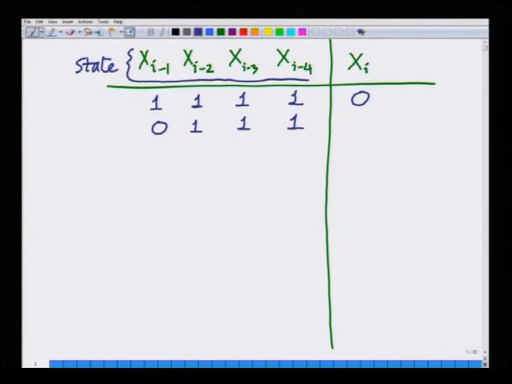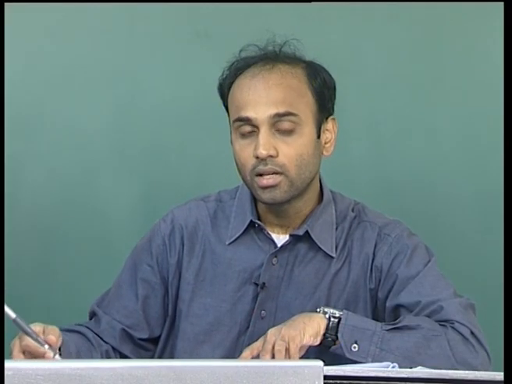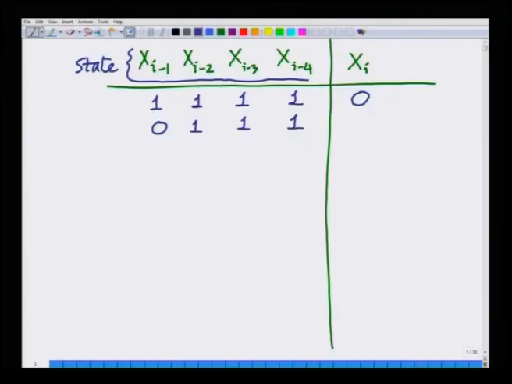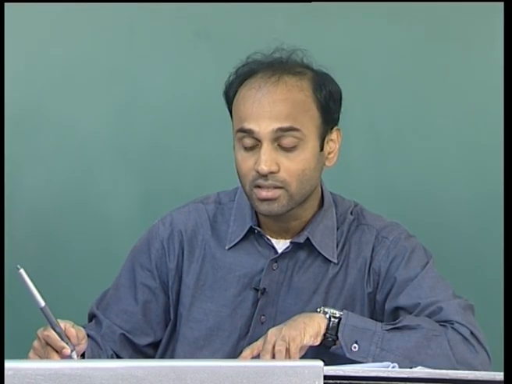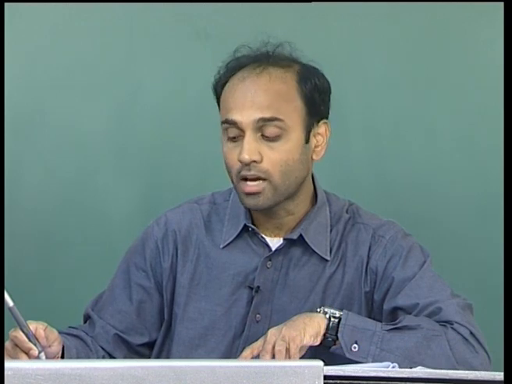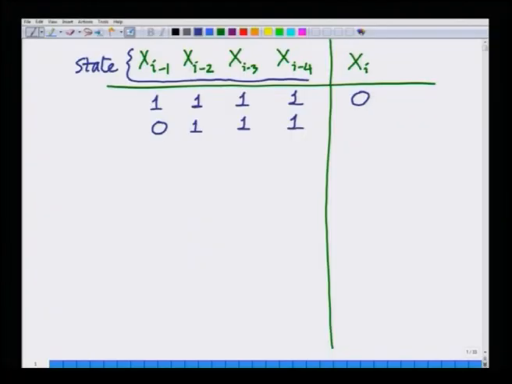So, we started from the state of all ones. The next state is 0, 1, 1, 1. The output in this state is xi minus 4, which is 1, and xi for this state is xi minus 3 XOR xi minus 4, which is 1 XOR 1, which is again 0.